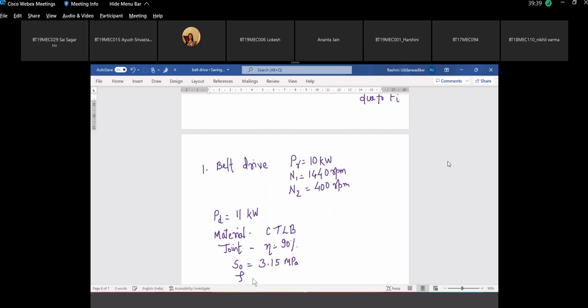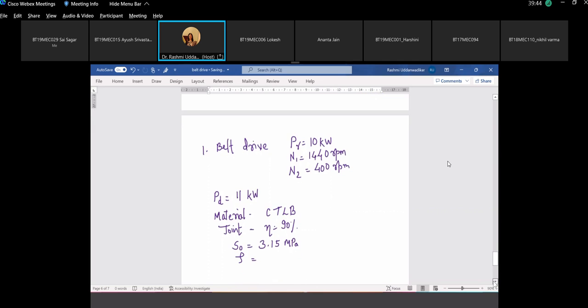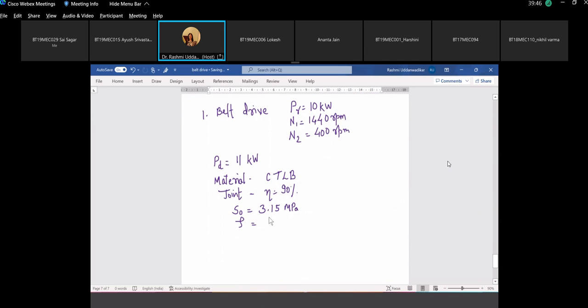For this material of leather, what was the density given? 0.97. Everything is given in the design data book. Then we assume the peripheral velocity of the belt for a longer belt life, how much? 1000 meter per minute from the design data book. Since RPMs are known, peripheral velocity is known, so we got the diameter for the larger pulley and the smaller pulley, how much?